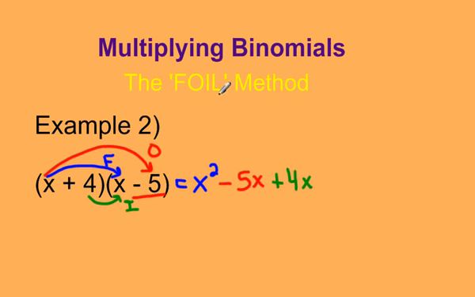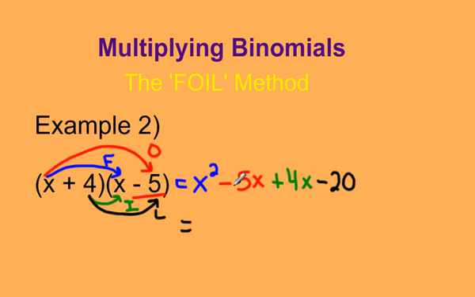And the L in FOIL stands for last. First, outside, inside, last. So we're going to look at the two last terms, which is 4 times negative 5. We have a negative times a positive, so we end up with a negative, and it's 20.